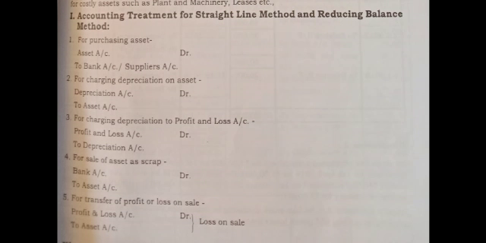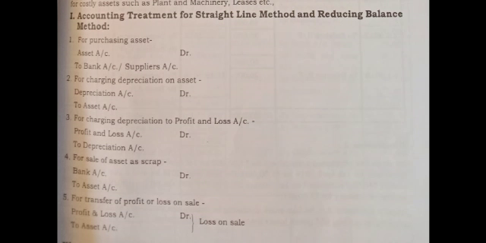for sale of assets as scrap. When you use the asset continuously for a long period, the value of that asset will decrease to near zero. That asset will then be resold, and that resale value is called scrap.